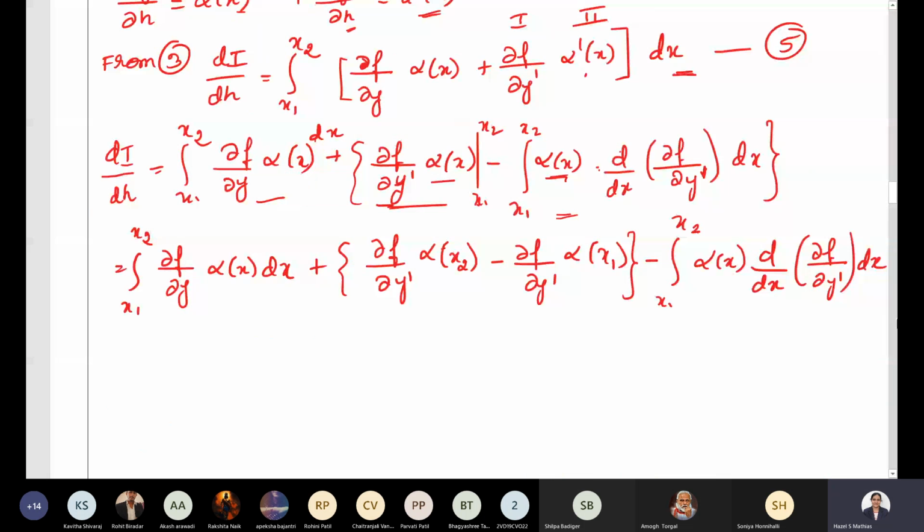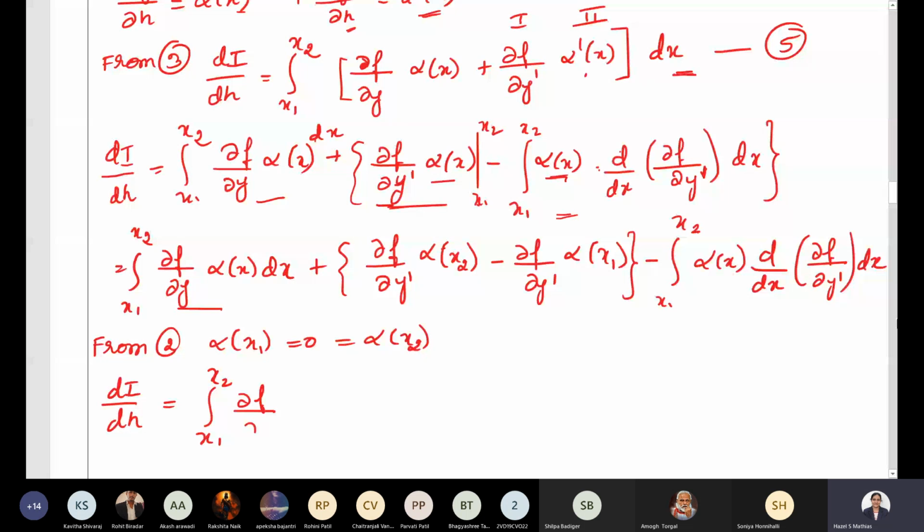From 2 we have alpha of x1 equal to 0 and alpha of x2 equal to 0. So when we substitute this in the above integral, what we get? dI/dh is equal to integral x1 to x2, the first term will remain as it is, ∂f/∂y into alpha of x dx. But alpha of x1 equal to 0, so this entire term will be 0.